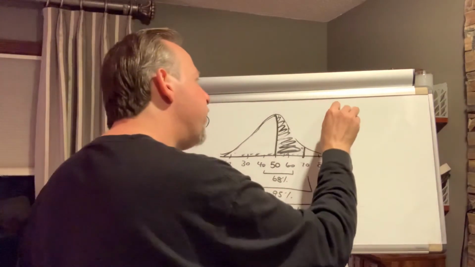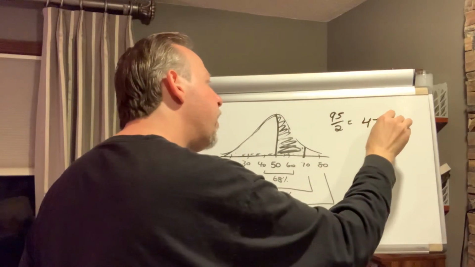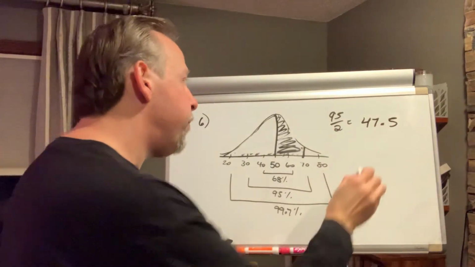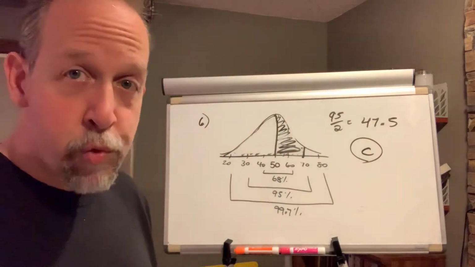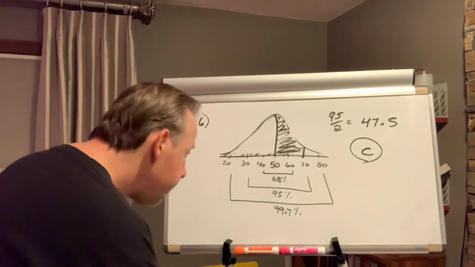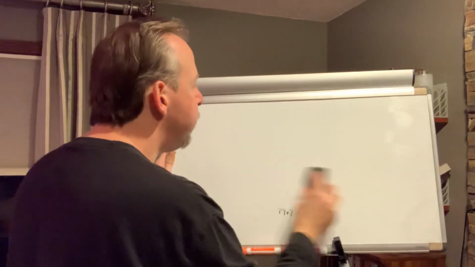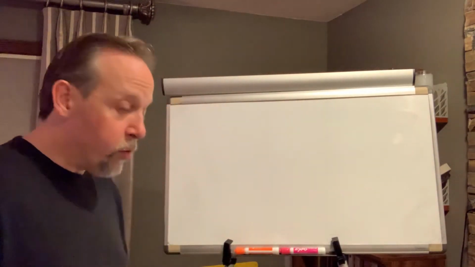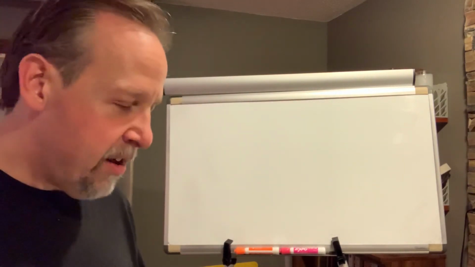What's half of 95%? It's 47.5%. Answer is C. I don't know how much you remember or were taught of the normal distribution, so we will almost certainly have a unit to talk about that concept.